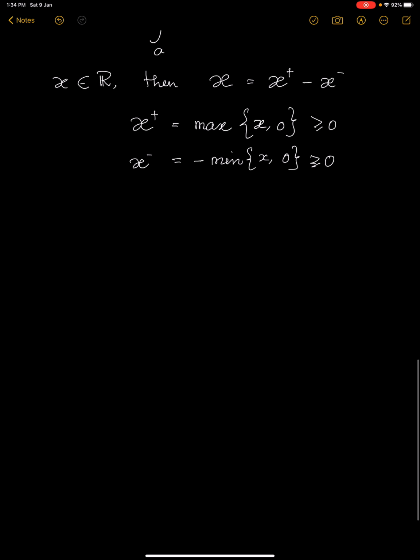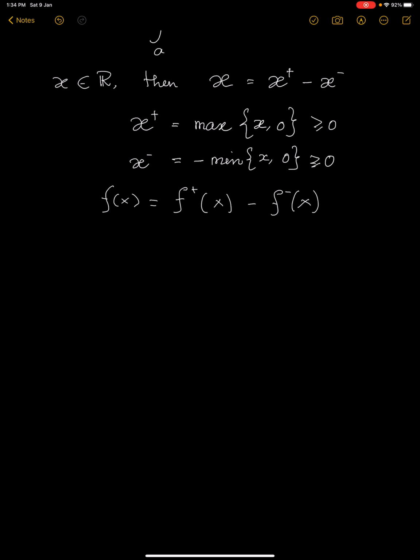So given any function f(x), at any x the function value is a real number, so it can be expressed as the difference of two non-negative numbers, and the choice of those numbers is not unique, but depends on the chosen x in [a, b].